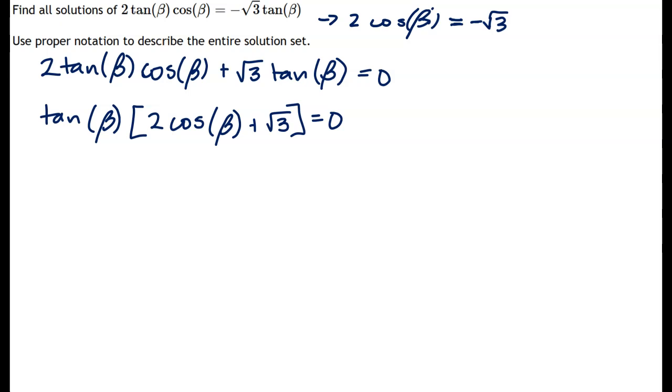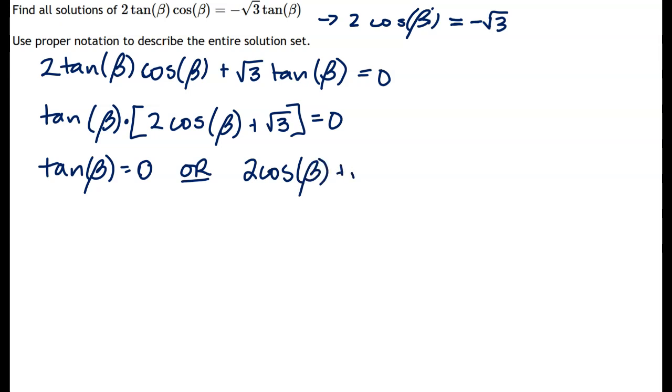And that's something that I think about when I'm thinking of starting to switch to sines and cosines: is it actually going to make fewer trig functions, or could I maybe factor to separate the two? And that's what happens here. I have tangent beta times the stuff in the brackets equals 0. That means that either the tangent beta has to be 0, or the 2 cosine beta plus root 3 has to equal 0.